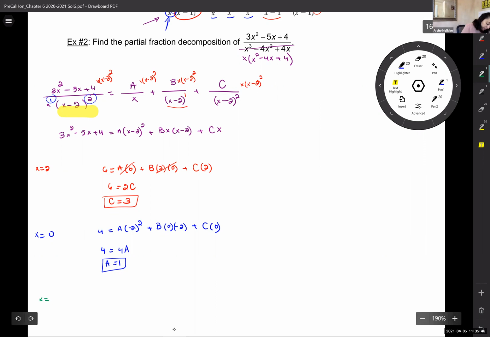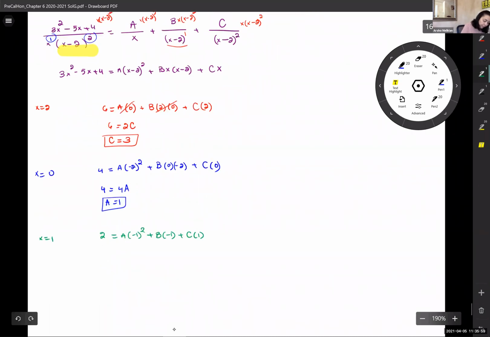When you plug in x equals 1, you get 2 equals A times negative 1 squared plus B times negative 1 plus C times 1. Okay, 2 equals 1A minus B plus C. Oh, but wait, I know what A and C are, right? So 2 equals 1 minus B plus C is 3, B is 2.